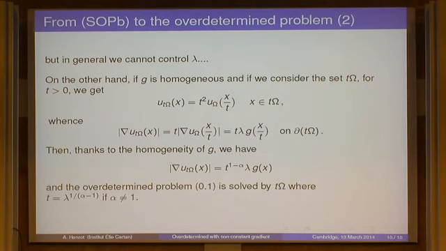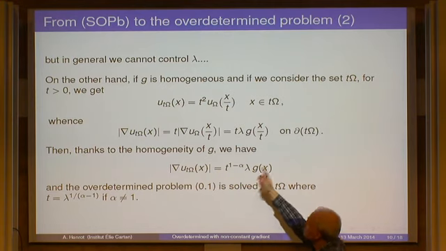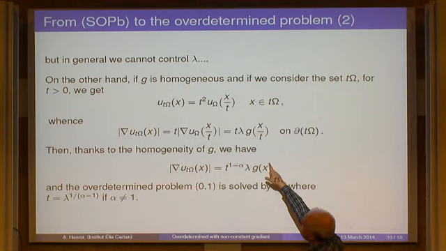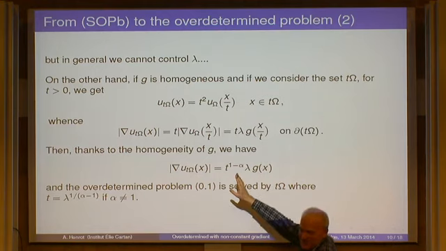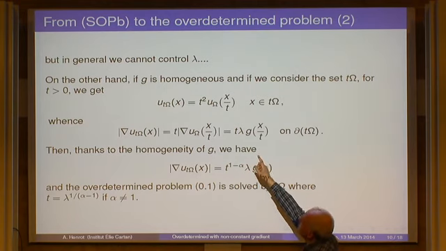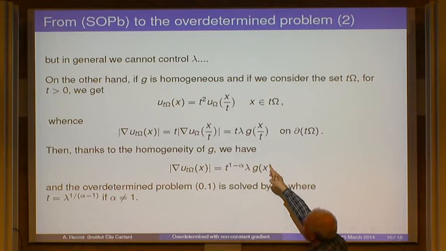Its gradient is given by t gradient of u omega at x over t. Since gradient of u omega is lambda j, it's not lambda, actually it's square root of lambda, so I'm sorry. Anyway, it's proportional to j at point x over t, and I just need to get j of x at the end.